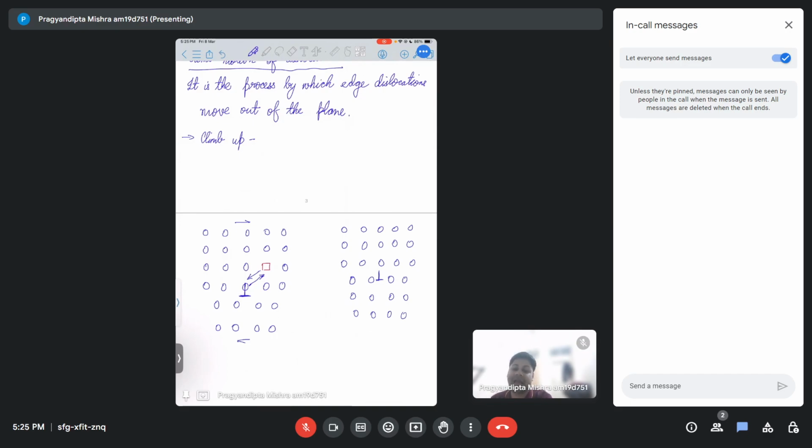So essentially, climbing up would mean that the edge dislocation will move up, and the vacancy will fall inside the edge dislocation, or the dislocation will become a sink for the vacancy. Okay. So let me write that down.